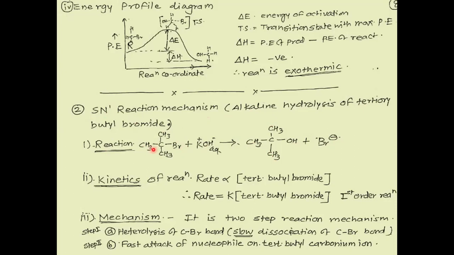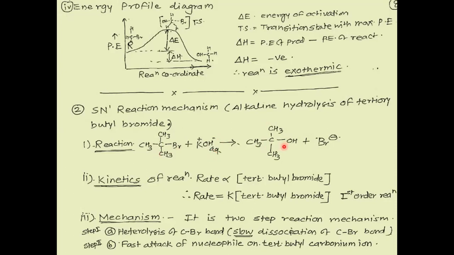So when the bromide reacts with aqueous KOH, heated, it gives the alcohol as the product. Br minus is replaced by OH minus. So this is the SN1 reaction mechanism.